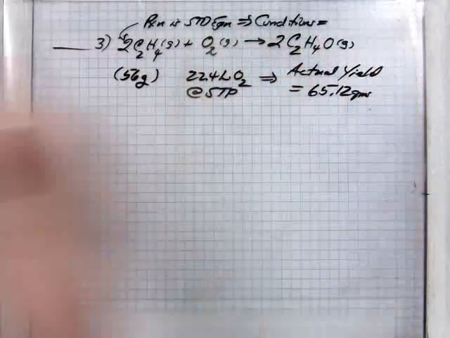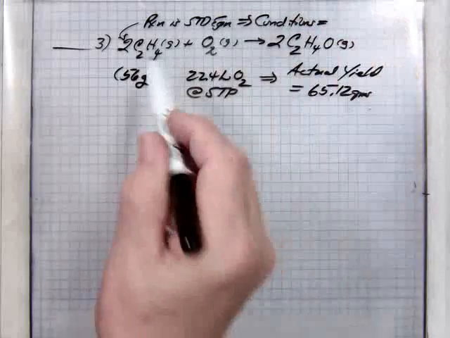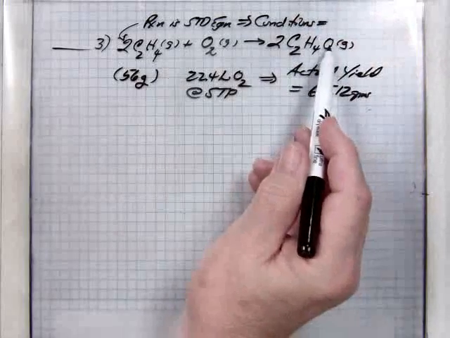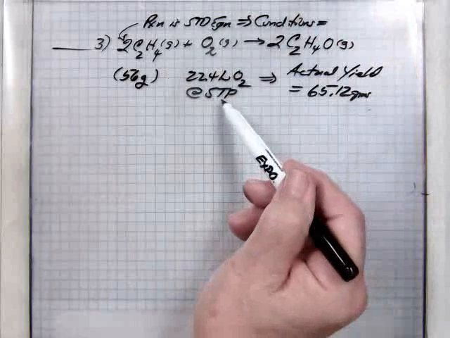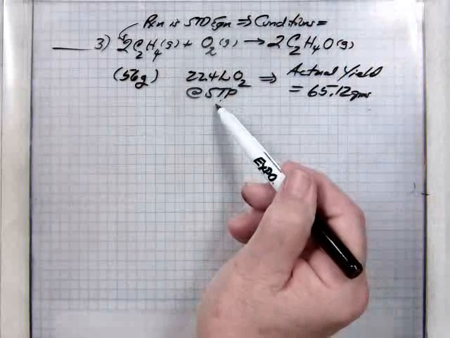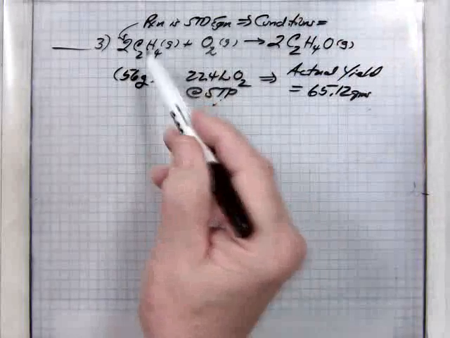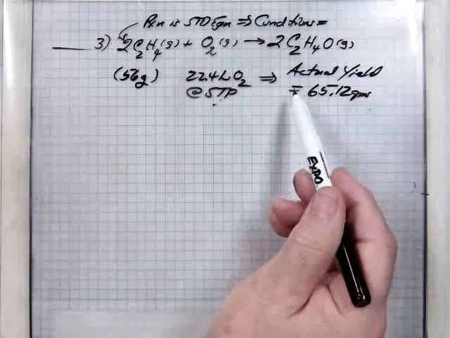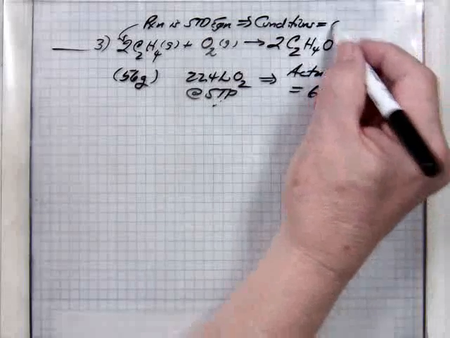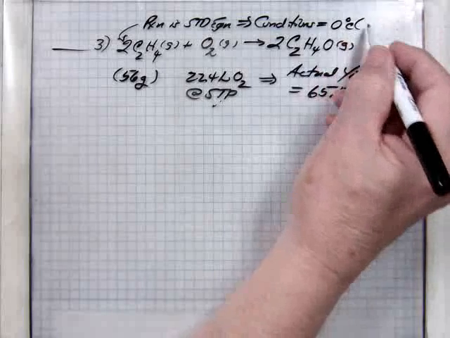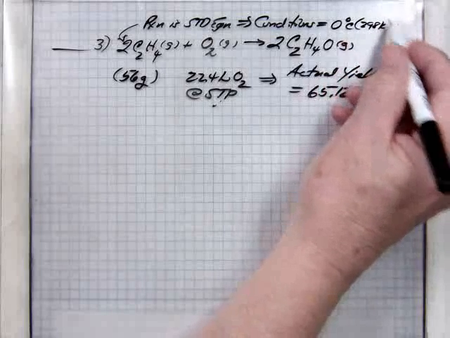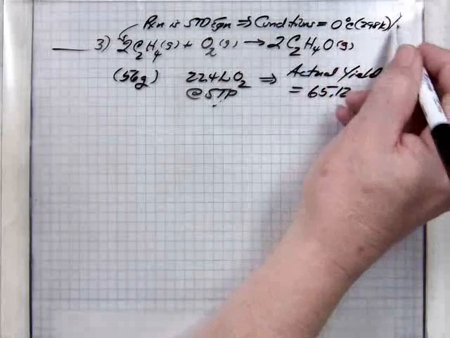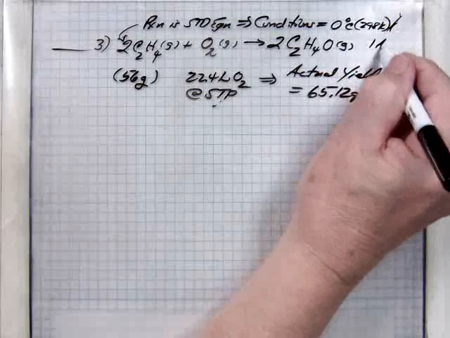And I wrote it in the problem, so you'll know that. But a lot of times they'll give you the data, and they won't mention that that's an STP. And if there's nothing else given in the problem, then you assume STP conditions: 0 degrees Celsius, 298 Kelvin, and 1 atmosphere pressure.